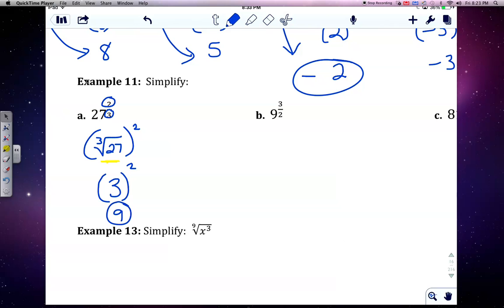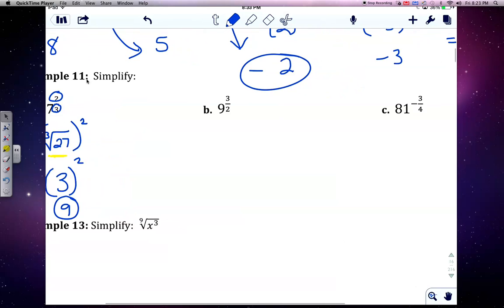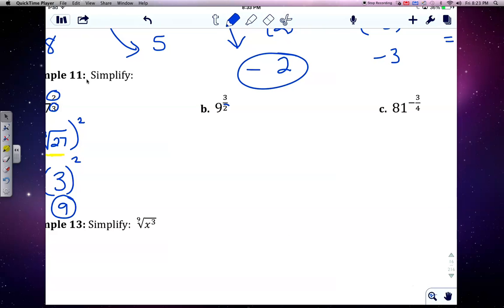So my answer is 9. In part B, this 2 down here means I have the square root of 9. Again, there's a 2 understood to be out here, but I don't write it because if we don't write it out there, we know the 2. I have a power of 3 on the outside. So this right here is going to be 3. I drop down the exponent of 3. So I get 27.